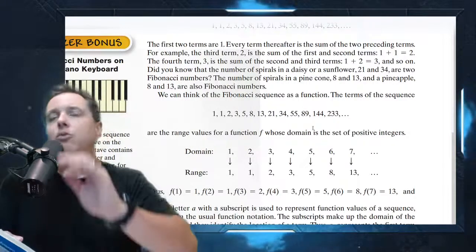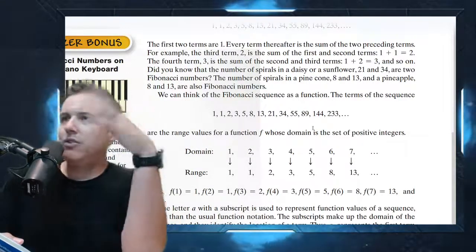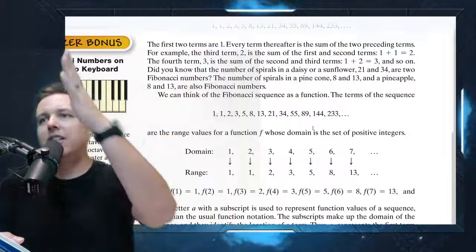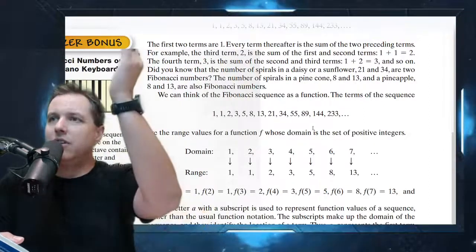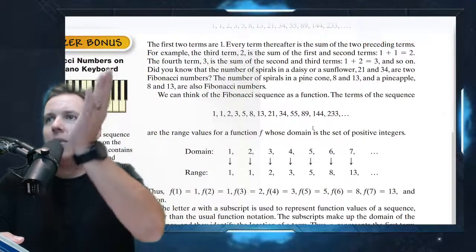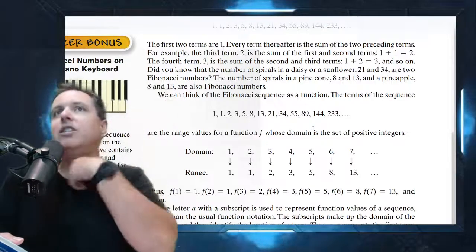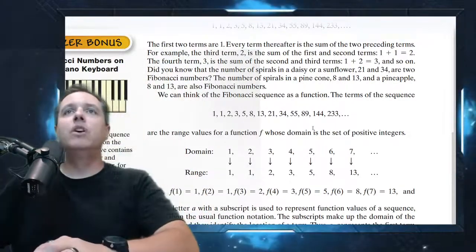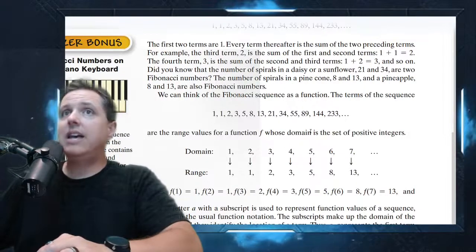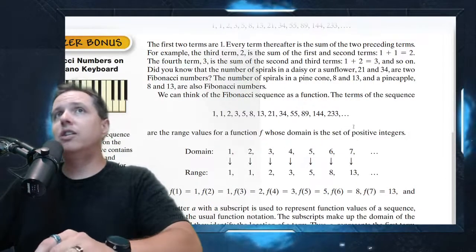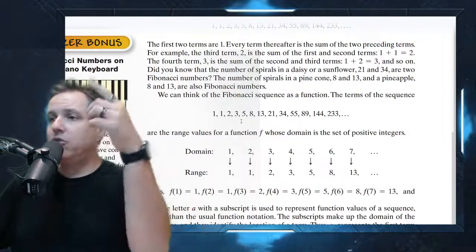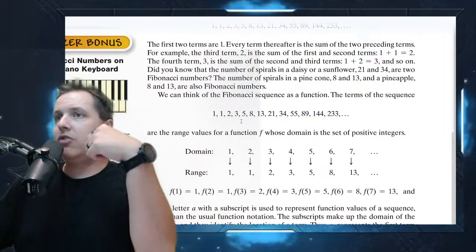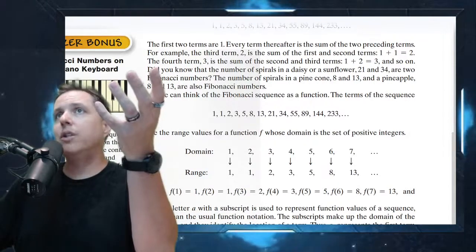It's associated to patterns that you see in nature, and you can look up YouTube videos where the divisions on a pine cone follow the Fibonacci sequence, and all sorts of stuff like that. But the Fibonacci sequence is a recursive function. You get the future terms by evaluating the current terms under a certain formula.